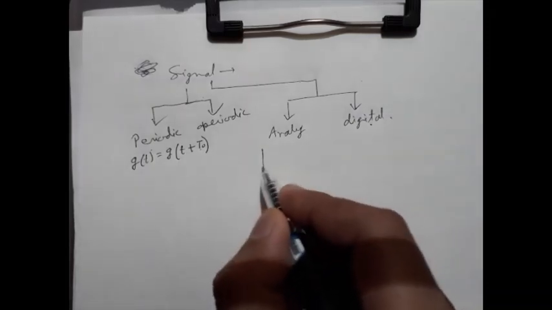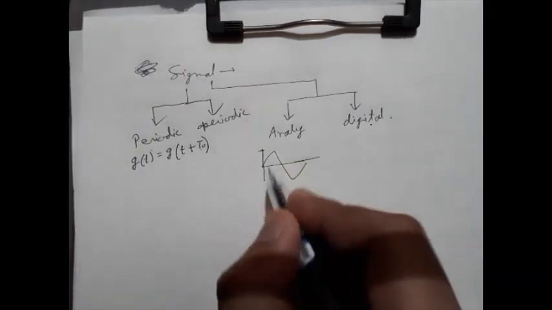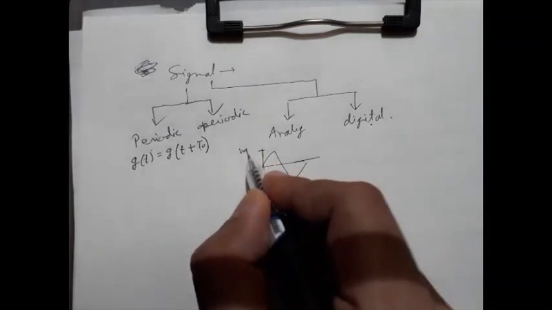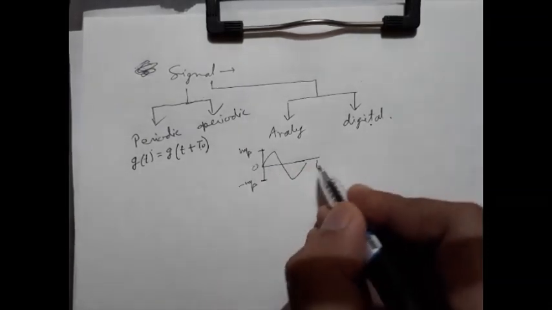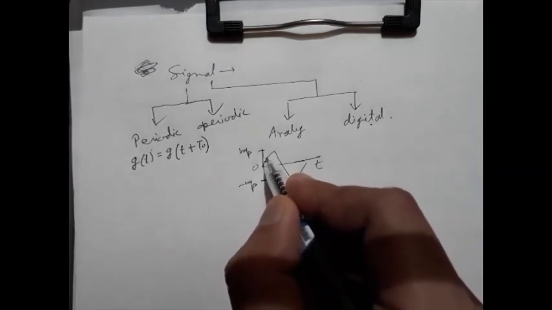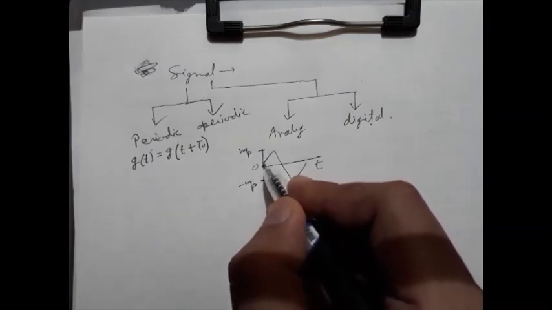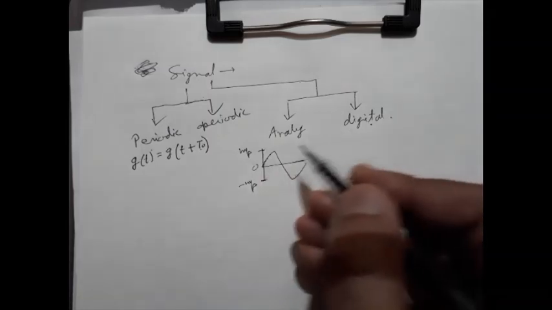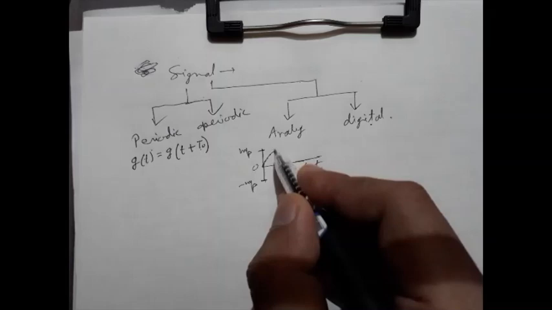For example, this signal within a certain range of plus Mp to minus Mp can take any value. It may be 0.1, 0.2, 0.3, it can take 0.001, 0.002, etc. That means within the limit of plus Mp to minus Mp, it can take any value.